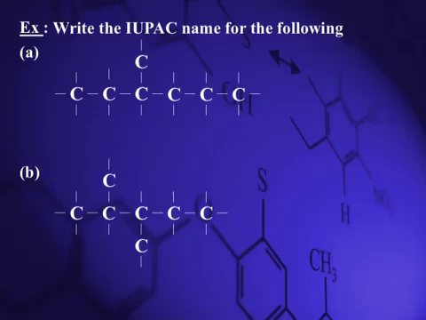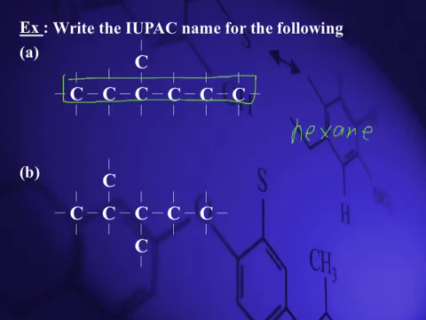Let's try to determine the name of these compounds. Let's first identify the parent chain, the longest chain. It is right here. There are 6 carbons, so we know that it's going to be a hexane of some sort. Now let us try to number the carbons. First, let's go left to right. 1, 2, 3, 4, 5, 6.